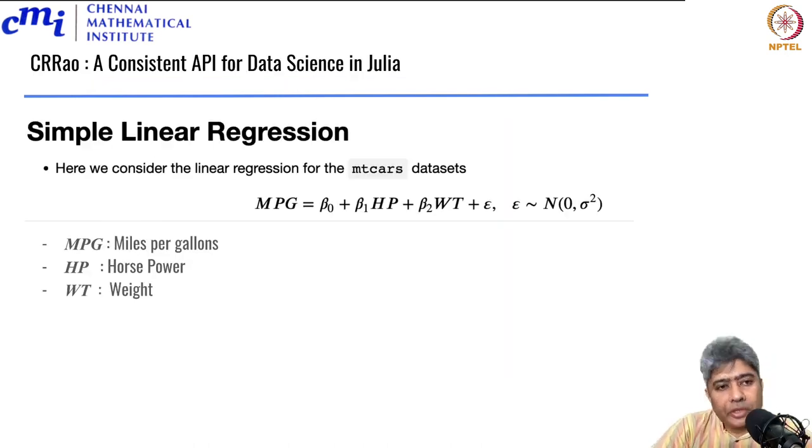So for example, if you want to fit a predictive analytics model, regression or classification, say the mtcars data, we want to fit miles per gallon equal to beta naught plus beta 1 horsepower plus beta 2 weight plus epsilon.